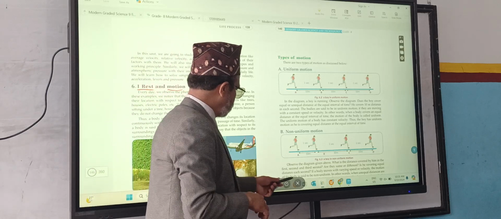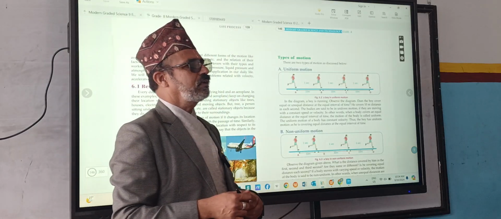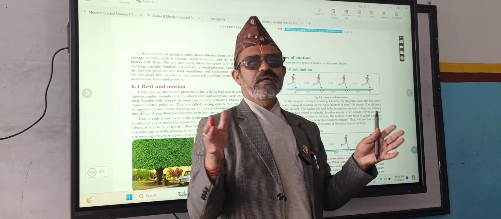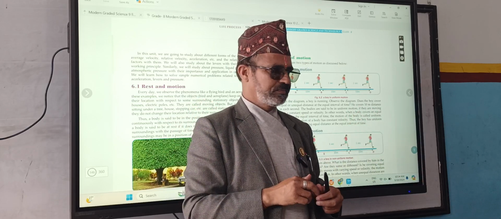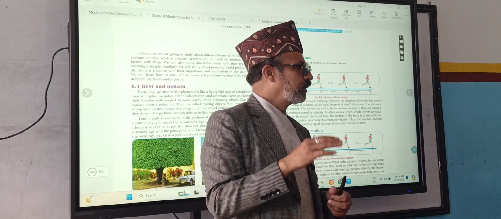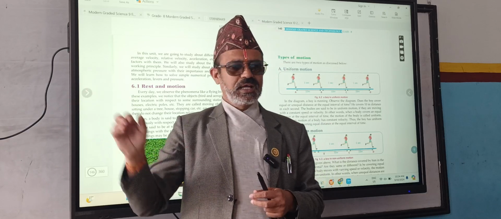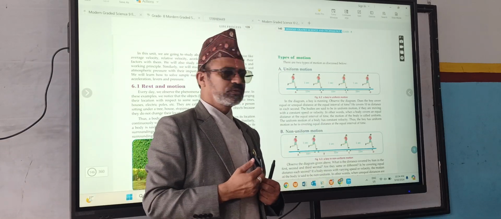So, some of the examples of rest are the vehicle kept in the garage. Motion, the vehicle which is moving on the road. The players are in rest or motion? Motion.